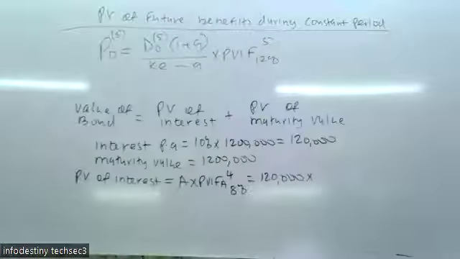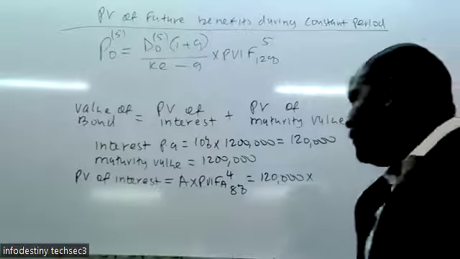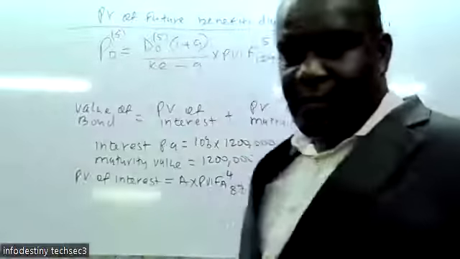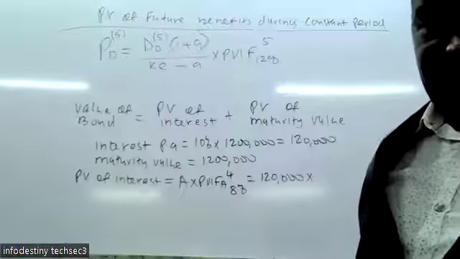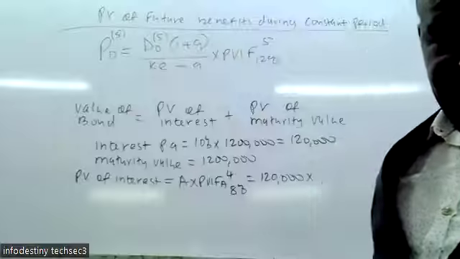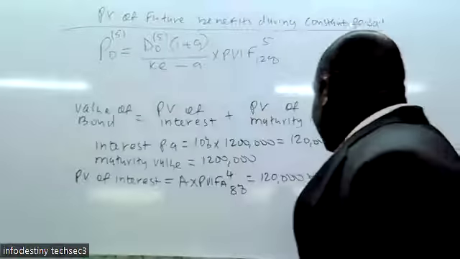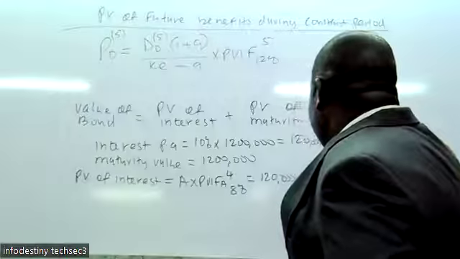So 8% for 4 years in the annuity table, you have 3.312.